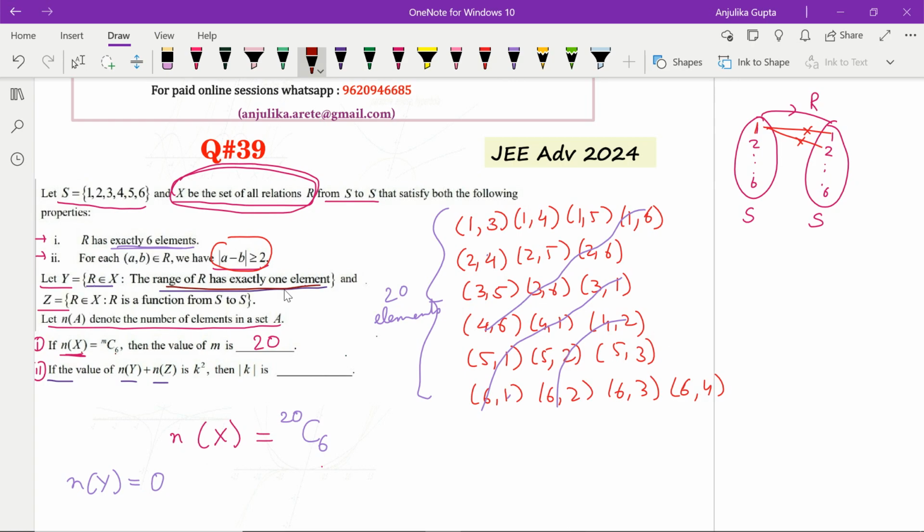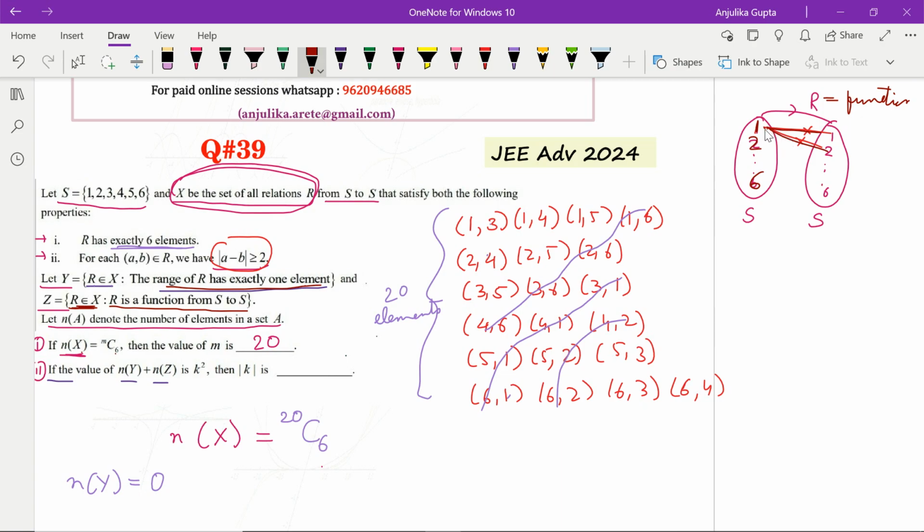Now look at your Z. Z is the set of relations in X such that R is a function from S to S. What makes a function? Every element should be mapped: 1 should be mapped, 2 should be mapped, 6 should be mapped, everyone. And one cannot go to more than one element.